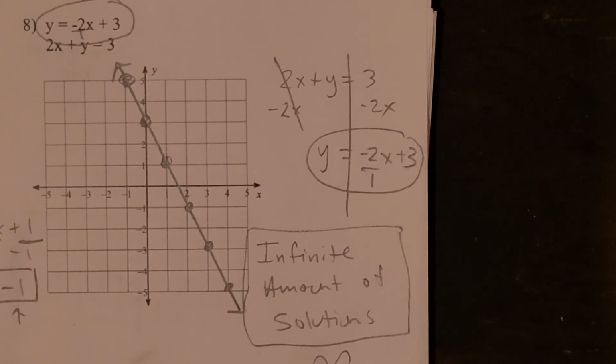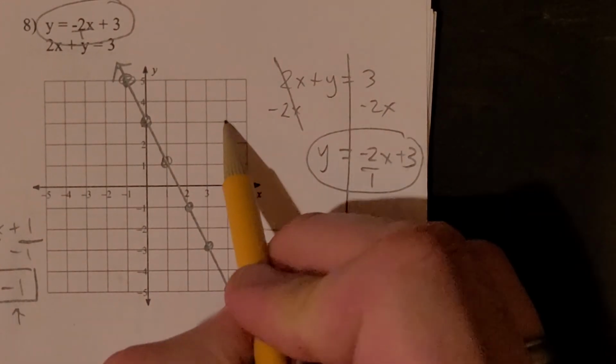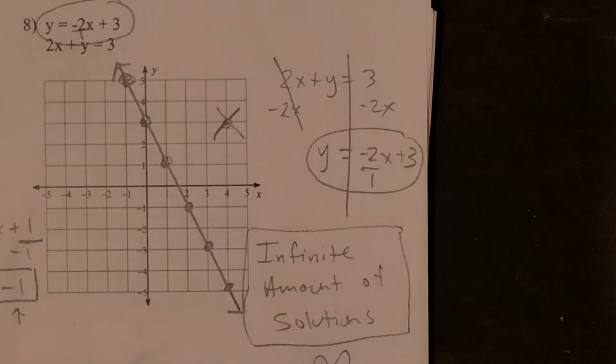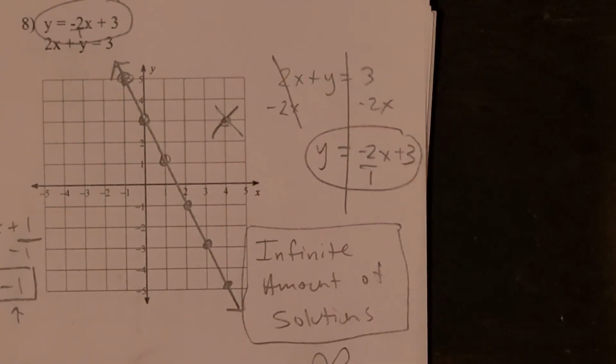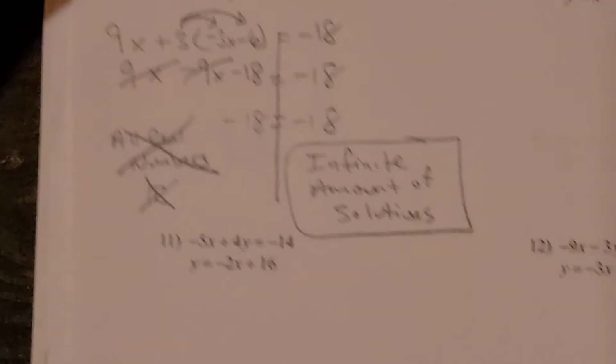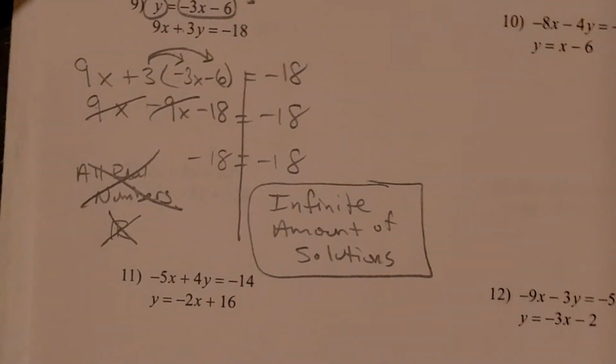Because if you say all real numbers, that means I could take any point, like this one, and say, yeah, that's a solution, which is wrong. Now, I do have an infinite amount of solutions, but they're all in a line. So not everything's a solution, but there are an infinite amount of solutions. So you would need to write infinite amount of solutions.